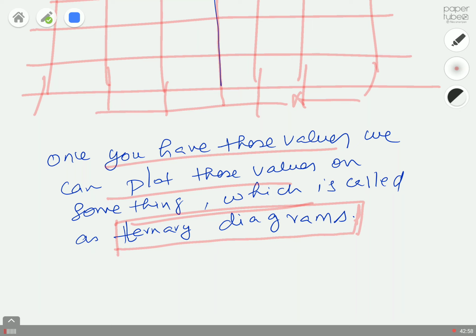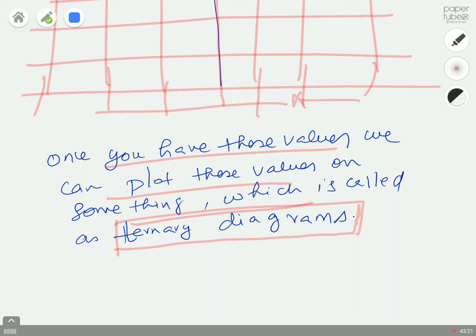And then once you have some experimental data, the way we convert them into mass fraction is also a chemical engineering principle. That process comes under the topic of mass balance. Normally chemical engineering students might have studied that in the second year.